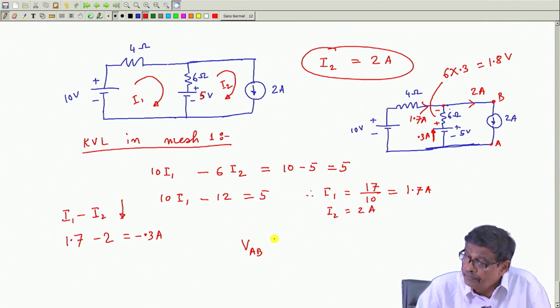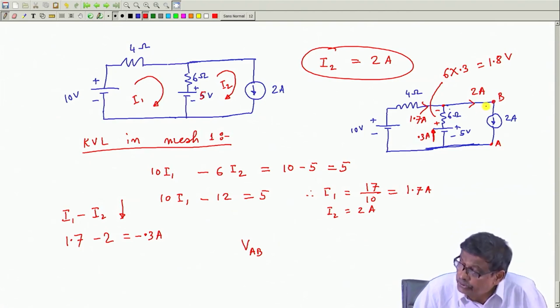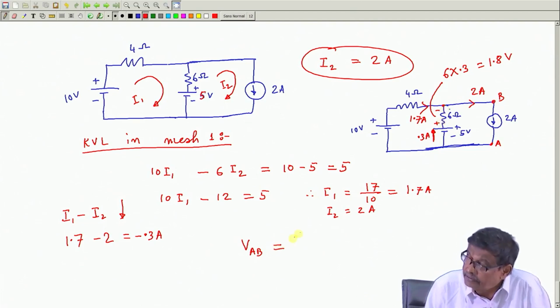I know the rule. Start from B, try to reach A via any path you like. So, I will choose this path to reach A. Start from this to this, no voltage drop, no resistance. From this to this, minus to plus, so put a plus voltage rise of 6 into 0.3, that is the voltage drop here.